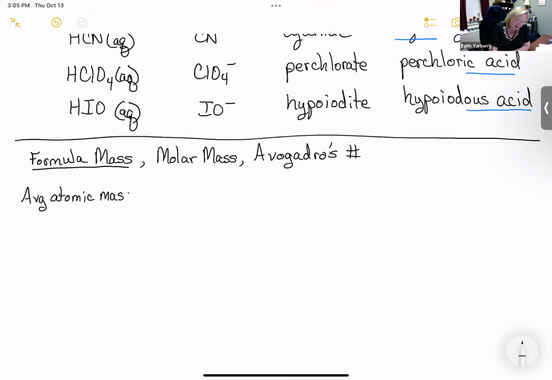That average atomic mass was equal to the sum over all naturally occurring isotopes of the isotope mass times the abundance.